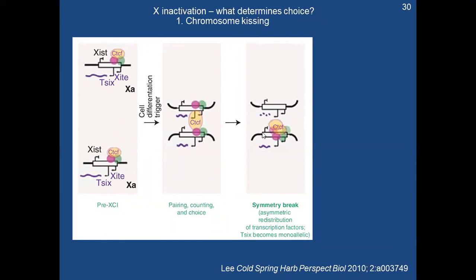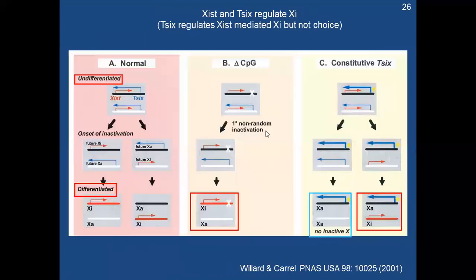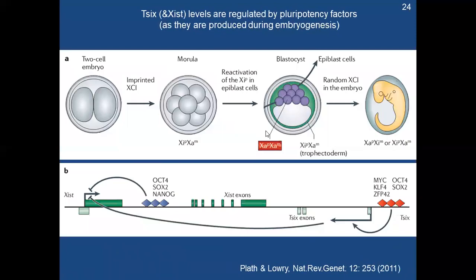Even if they bound this one, they will not be able to activate it because these factors are preventing it from being activated, both because they have direct effects in repressing Xist, as well as because they can maintain Tsix transcription, okay?